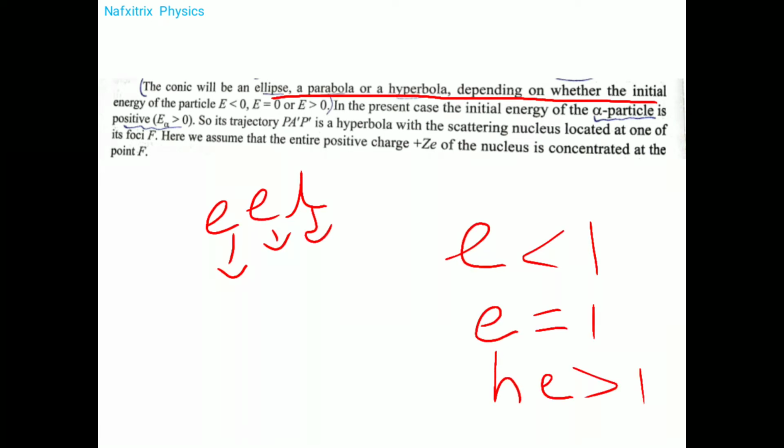We might have studied this in maths. Based on that, if energy is greater than 0, that is a hyperbola. Less than 0 means an ellipse, and equal to 0 means a parabola.